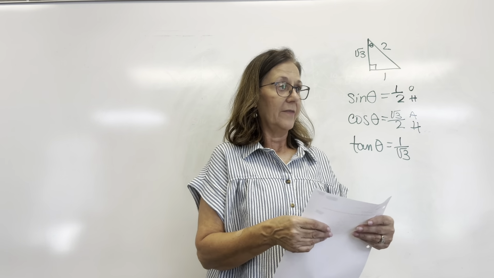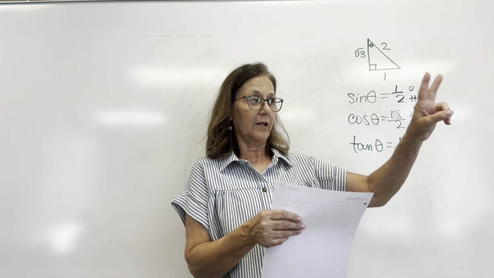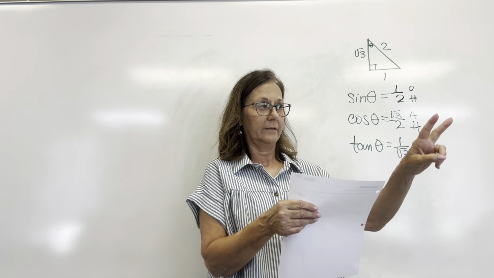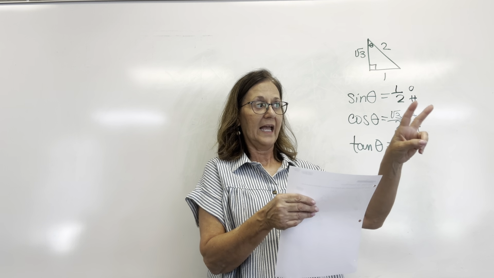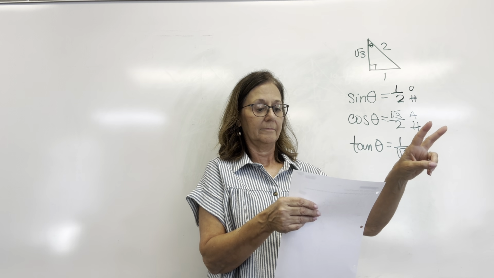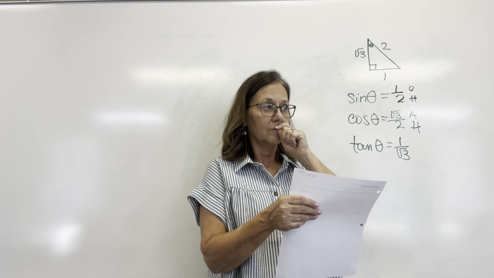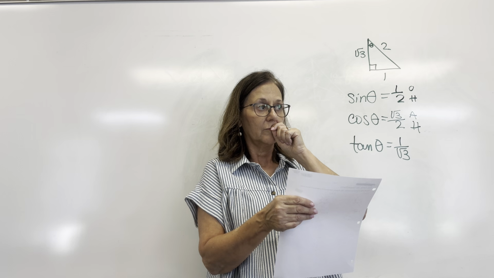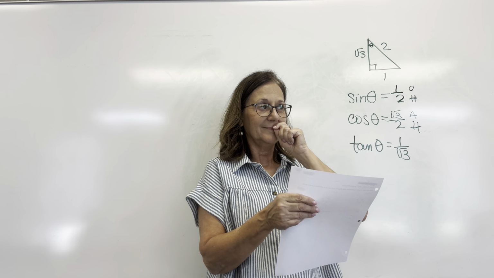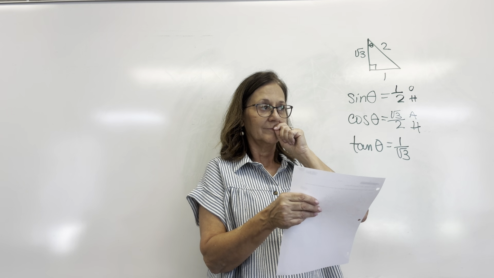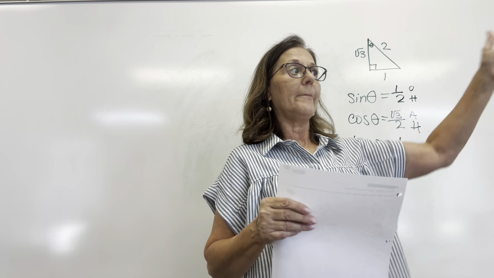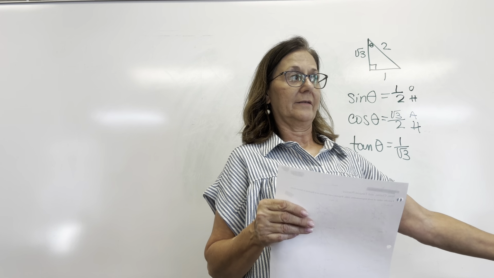All right, Arthur. I want to know the tan for number 2. We're still on number 2. I want to know the tan of angle C. SOHCAHTOA. TOA is tangent equals opposite over adjacent.